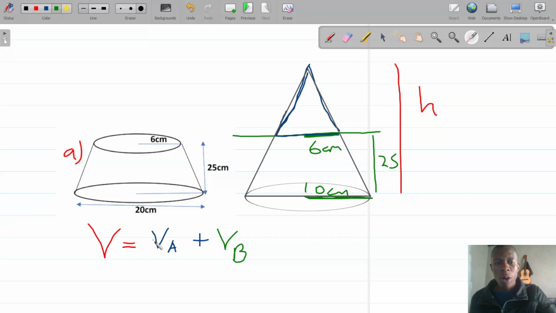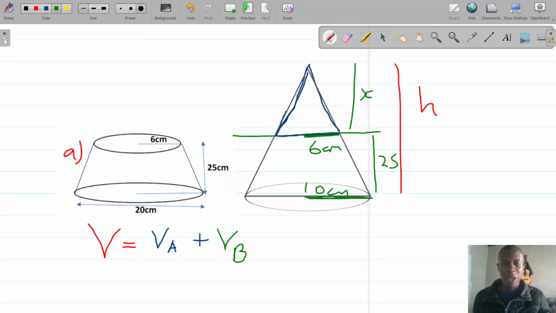All right, so now we need to find the value of h. How are we going to find the value of h? We also don't know the value of this height here. Let me just show with my hand. We don't know the value of that height, which we're going to call x.